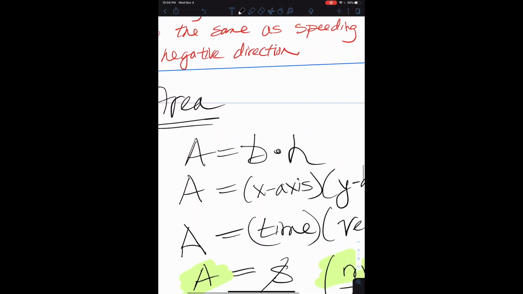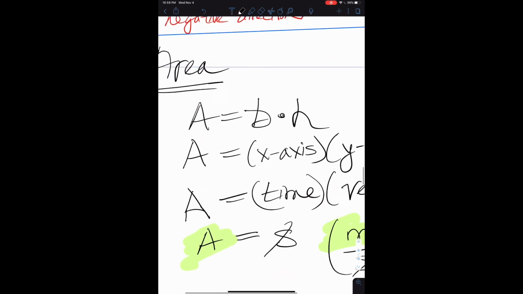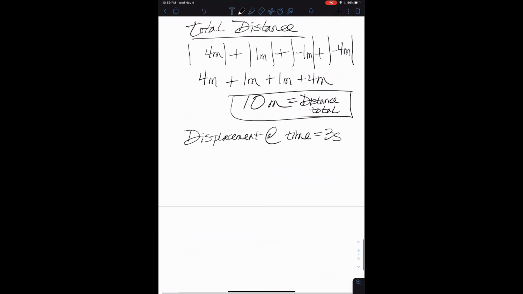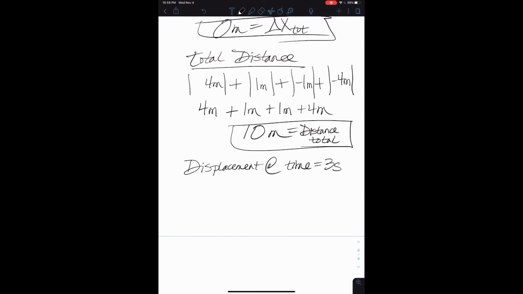So the displacement at 3 seconds, right? Delta x in the first 3 seconds, that's probably the way it would be worded, is equal to those two areas, 4 meters plus 1 meter.